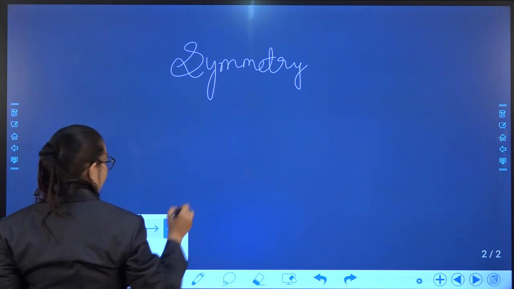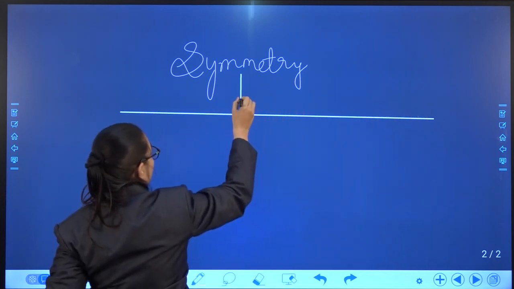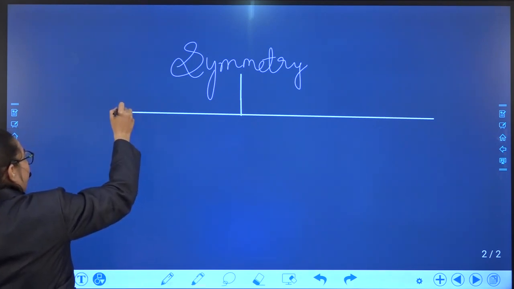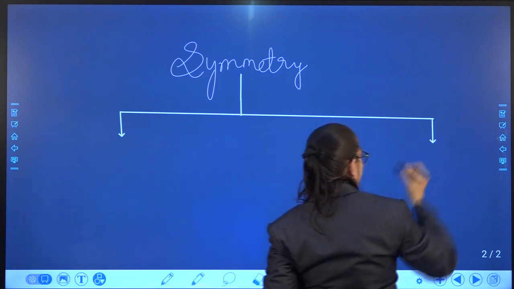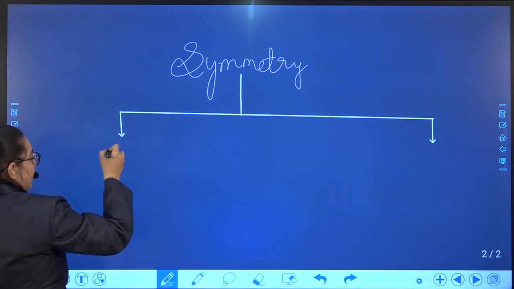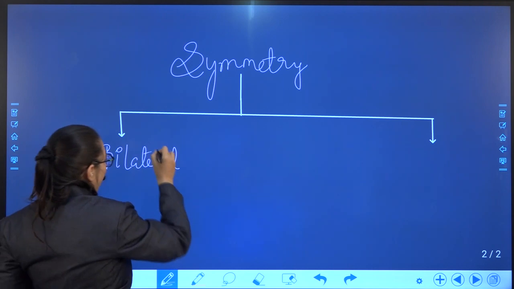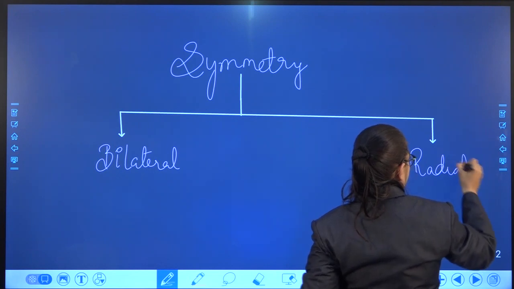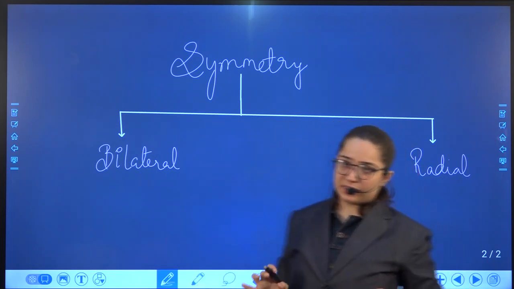Two types. Which are those two types now? Those two types are mentioned over here. Either it is bilateral or it's radial. Now, what is the difference between bilateral symmetry and radial symmetry?